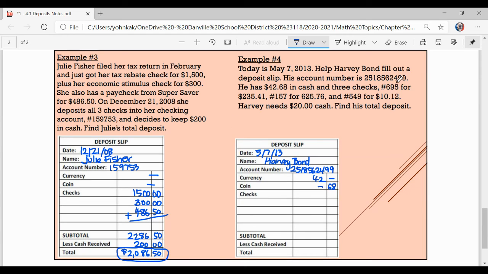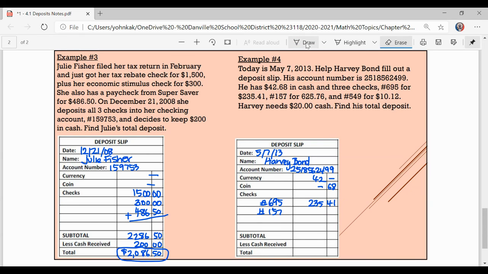And we have 3 checks. One is check number, so that goes over here on the left, $6.95, and it was for $235.41. Then we have check number 157. That was for $10.12. And I forgot. Wait, no, I skipped one. Sorry.